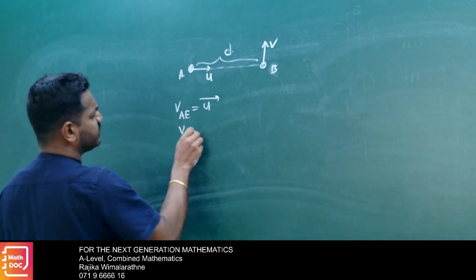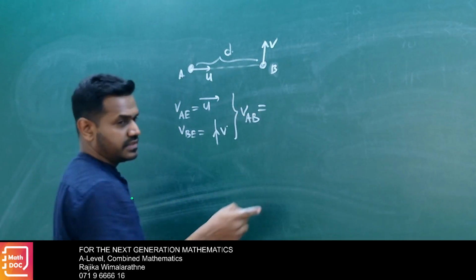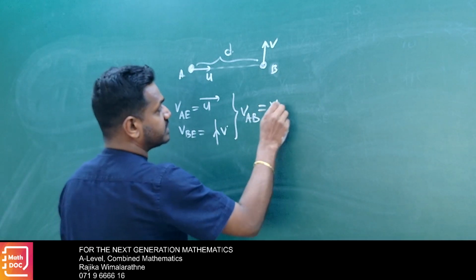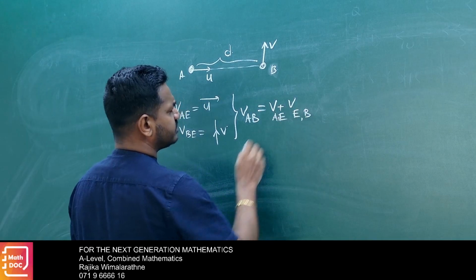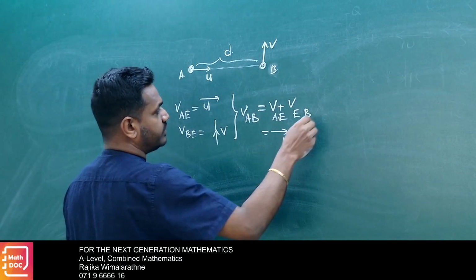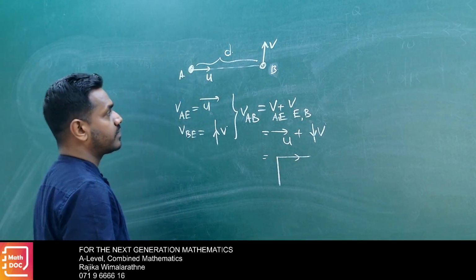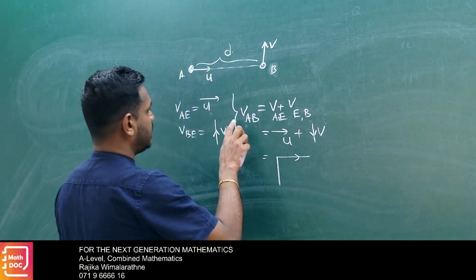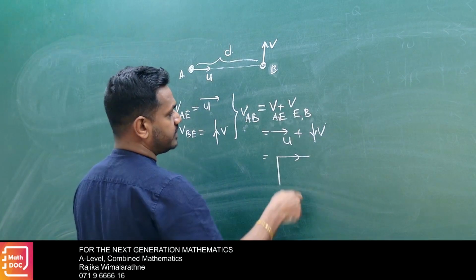Then find the velocity of A with respect to B. Write the relative velocity theorem: start with A, end with B, common E. Then A E is u, E B is downward v.